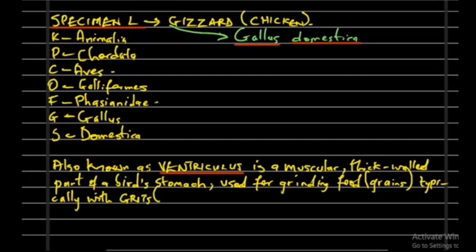So what are grits? Grits are sand-like particles that are found inside the stomach of the birds, which the birds or the fowls ingest.